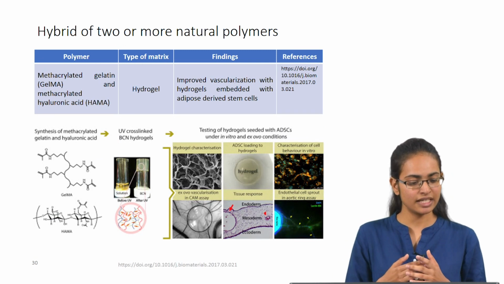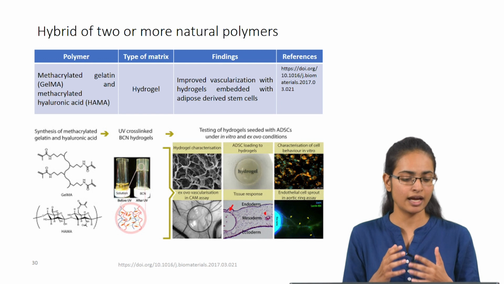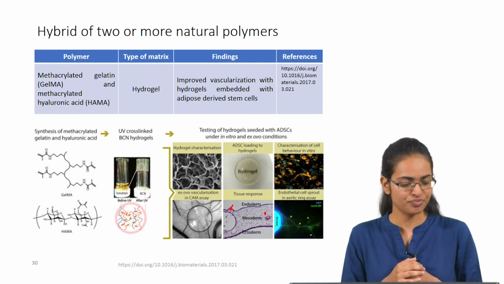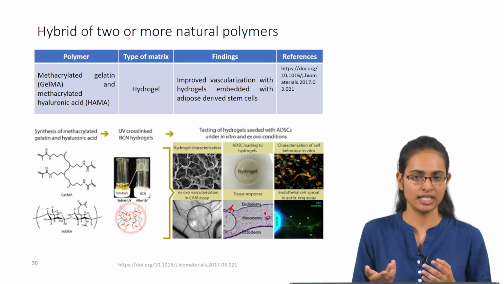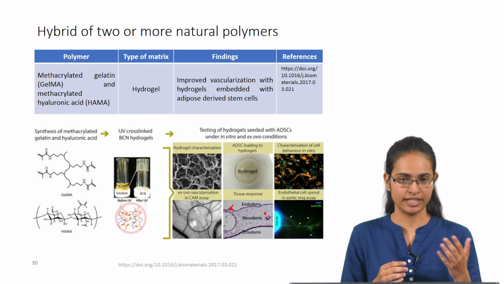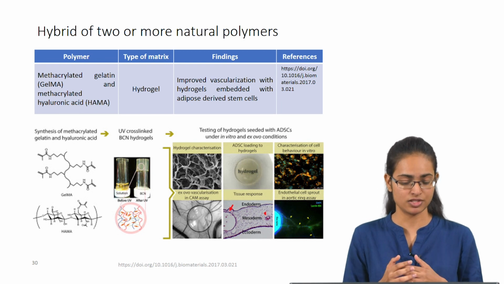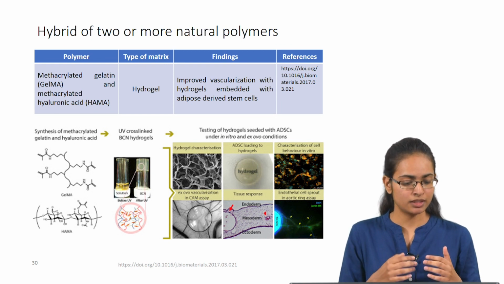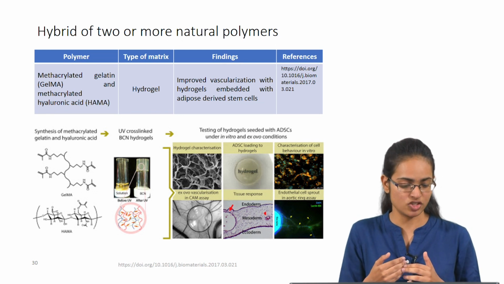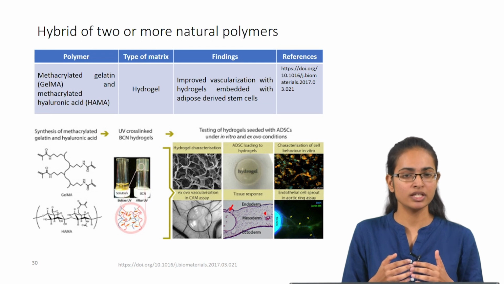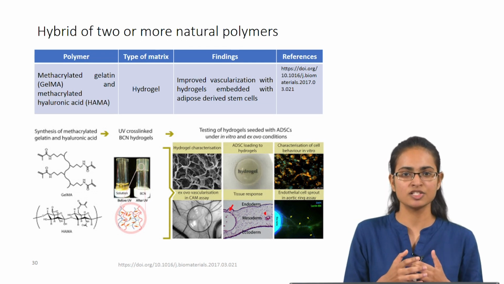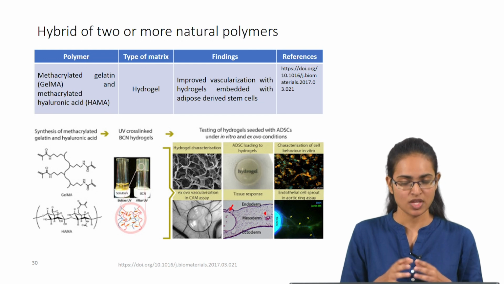Methacrylated gelatin and methacrylated hyaluronic acid have been blended, both natural polymers. Hyaluronic acid is also an ECM component. Gelatin is a natural protein based polymer, but both polymers have their own disadvantages: hyaluronic acid does not help with cell adhesion and gelatin is poor in its mechanical properties.